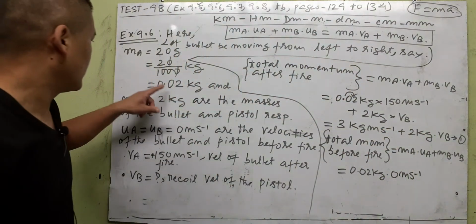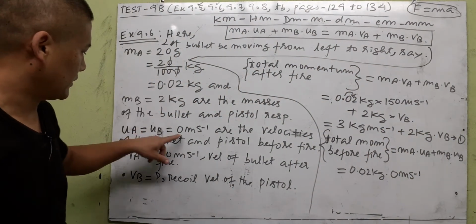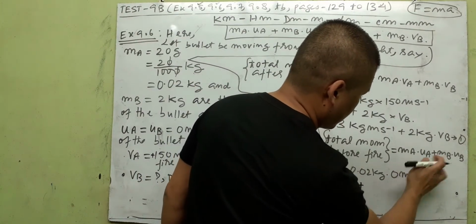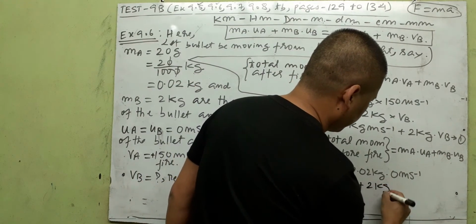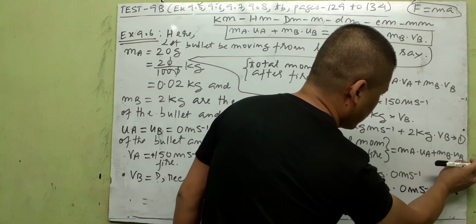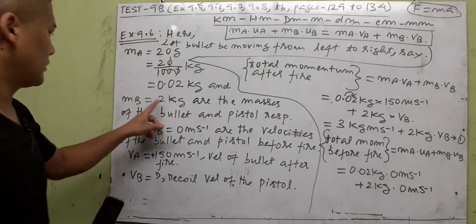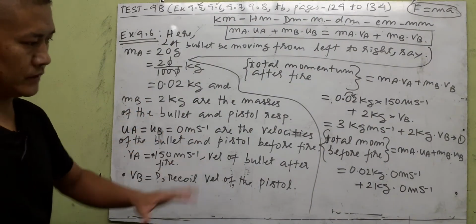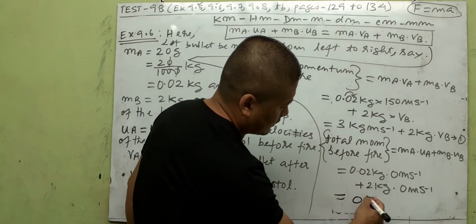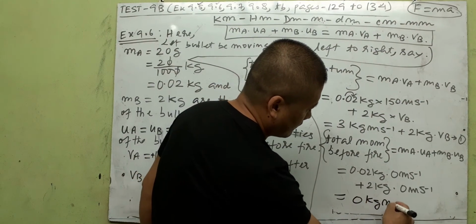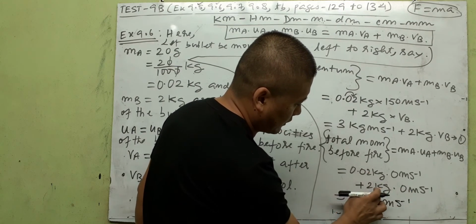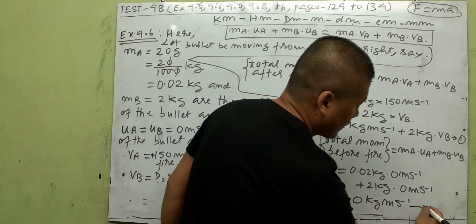MA you see here 0.02 kg into UA is 0 plus this portion also MB is 2 kg into 0 meter per second, because UB is also 0 meter per second. So here 0 plus 0, so 0 kg meter per second. 0 multiplied to 0, 0, 0 multiplied to 0, so 0 plus 0, 0. Equation number 2.